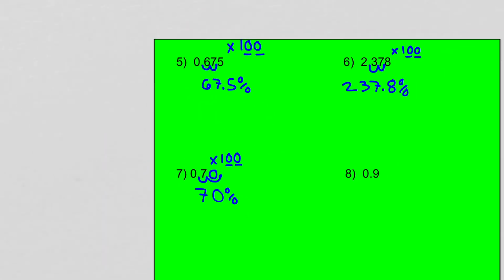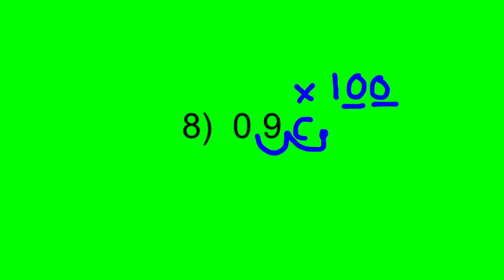It's the same thing every time, right? Last question. 9/10. How do I change that to a percent? Mentally multiply by 100. 2 zeros on 100 cause me to move the decimal 2. There's nothing in this spot, so I put a 0 placeholder there, and that is 90%.